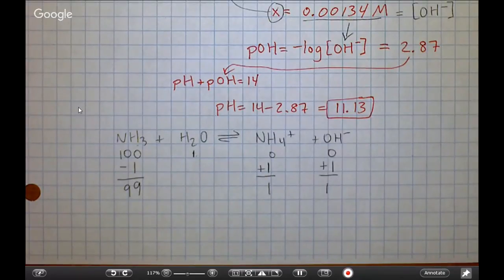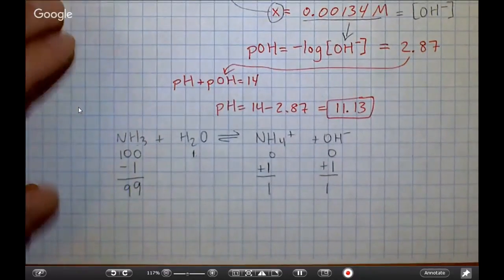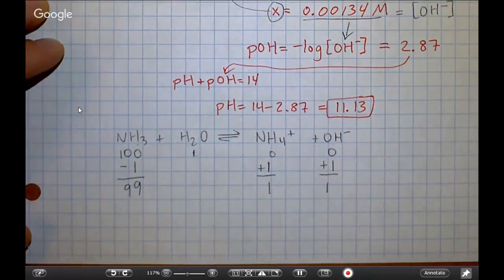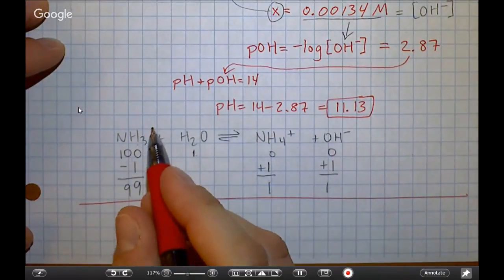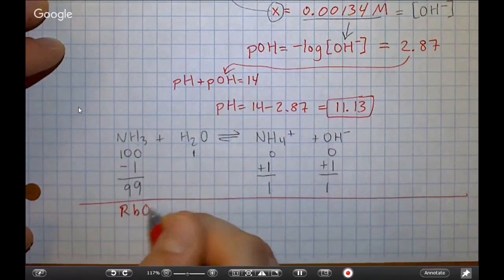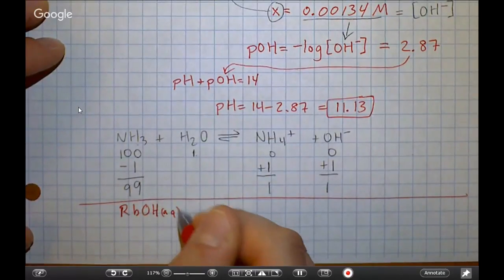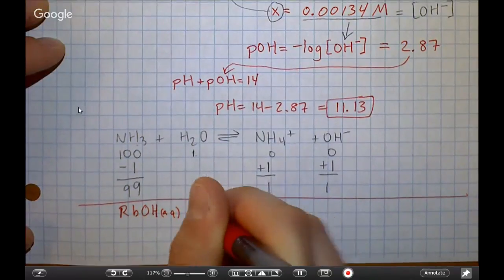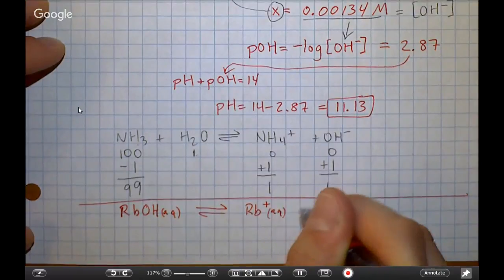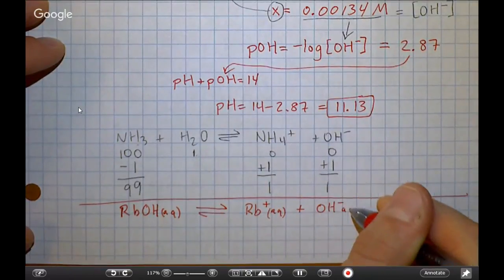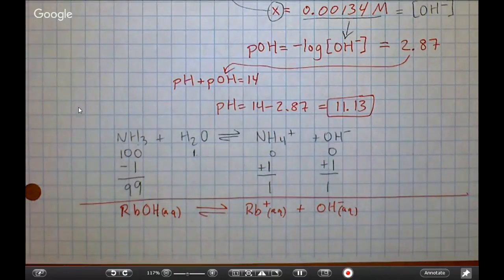Okay, so there's one other thing I wanted to say here. If we have other bases, let's say you have rubidium hydroxide, which is aqueous. We're assuming, of course, that it's in water, that we ionize to make rubidium and hydroxide. Do you see in this case that we can't take the concentration of the rubidium cation and say that it's H+?